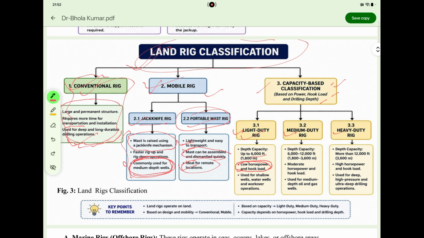Now the medium duty rig has a depth of greater than 6,000 to 12,000 feet, with moderate horsepower and hook load, meaning the power required is medium, moderate, right? In that case you can use the medium duty type of rig, used for medium depth oil and gas wells. So this is another point you need to remember.